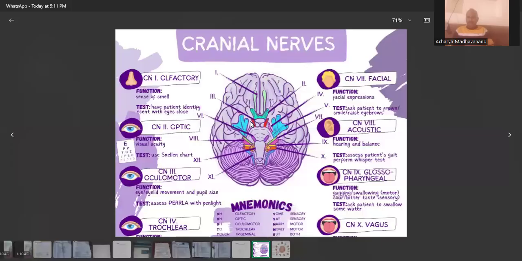Then the sixth cranial nerve is the abducens nerve. It is responsible for lateral view, medial and lateral view. When you see a child or a patient with cataract eye, then you can use this point. It has very miraculous results for cataract eye.